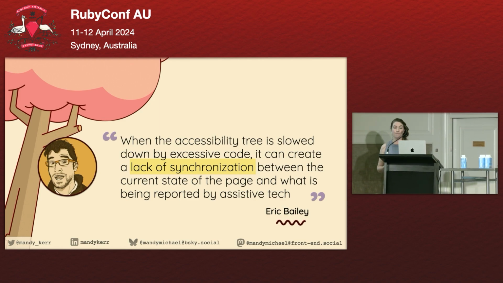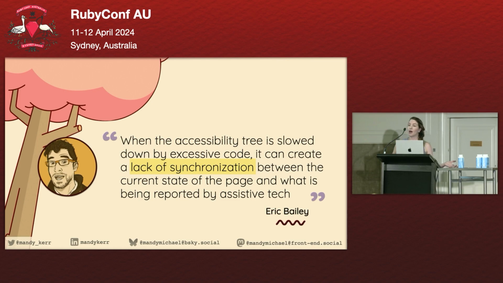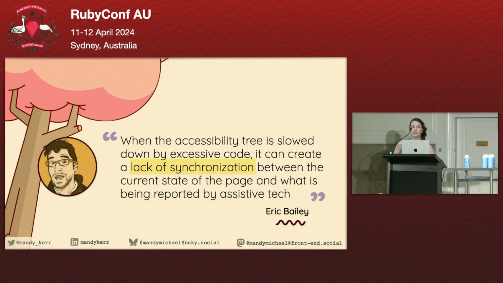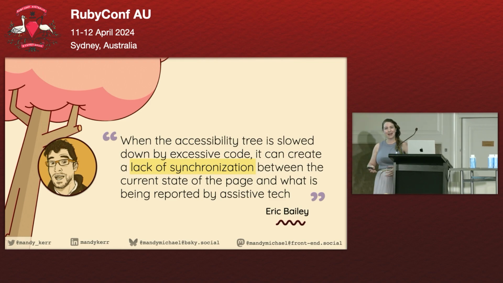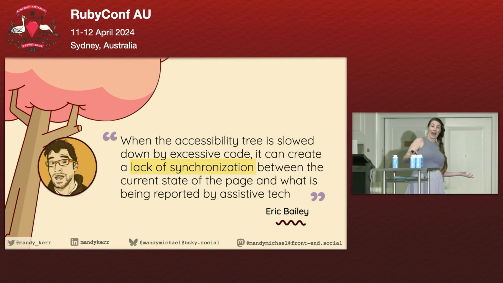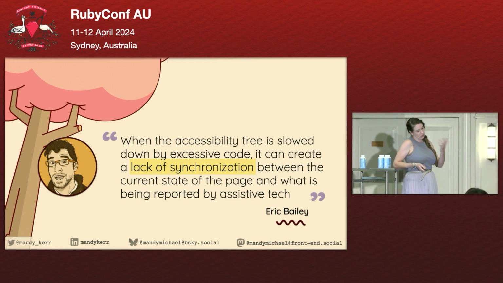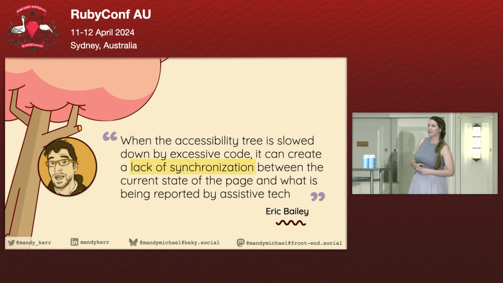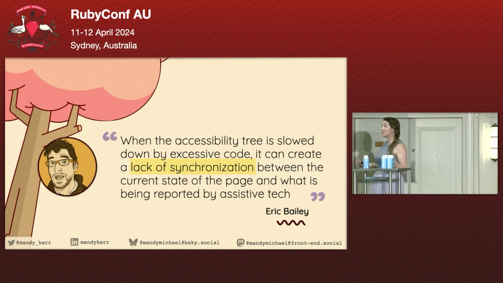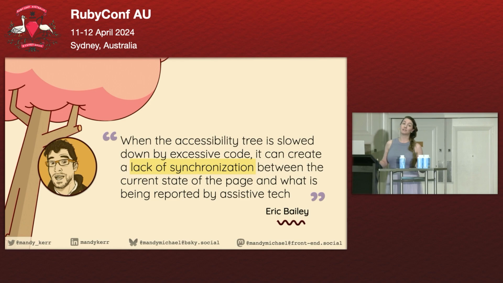This results in a mismatch between the page and what the user is presented with via the accessibility tree. So as you can probably imagine, that's very confusing. You can kind of think of it like bad lag in a video game or bad dubbing. For example, it's confusing and they have to do a lot more work to figure out what's going on. Worst case scenario, it's going to crash the browser.